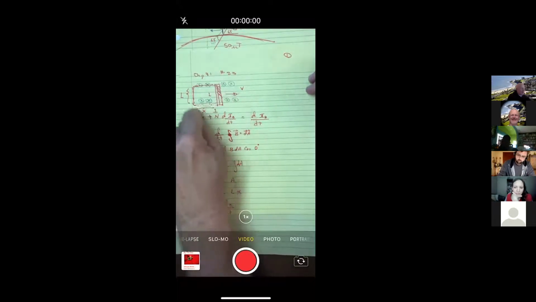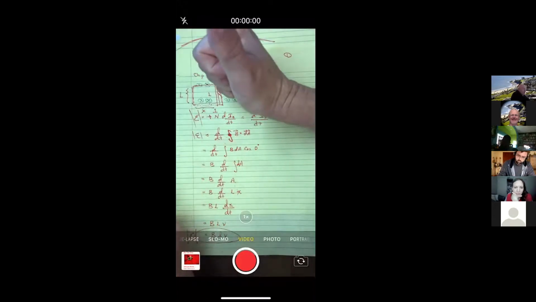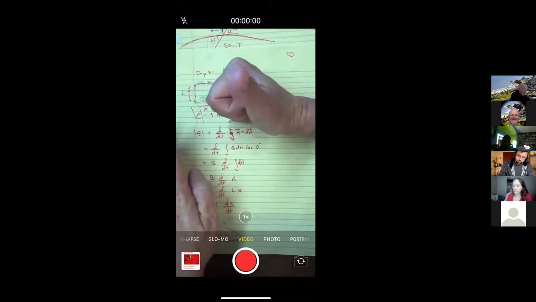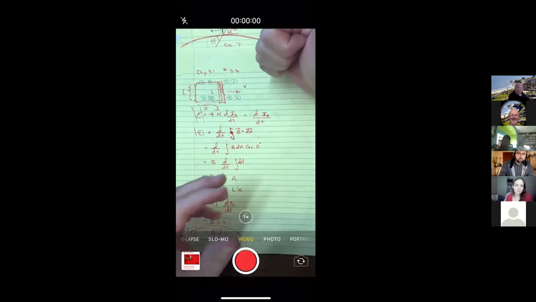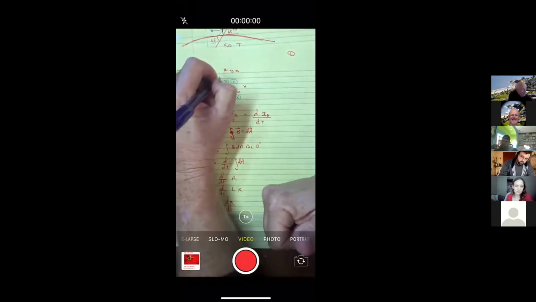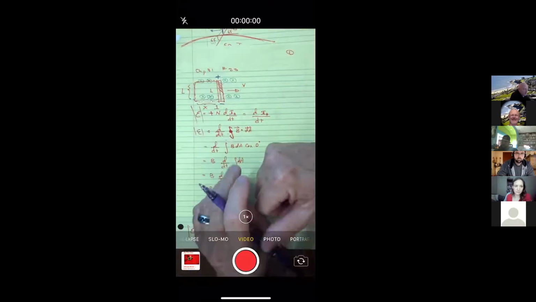So an EMF would be set up that would want to generate a current to oppose that change. So with more going in, we would want our thumb coming out. So a different color, maybe I'll put, that would make this side of the metal bar positive and this negative.